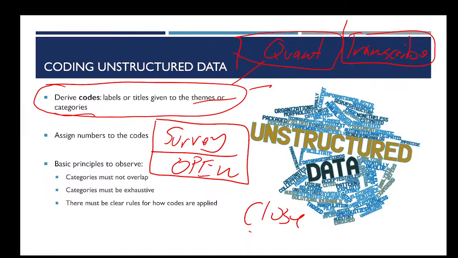But let's say someone says, I think Mark Carney is really qualified, a ton of experience, very handsome. You write that down, and then you split each of those things into categories based on theme: competence, has held many jobs, good looking. Each of those is a numerical code, and you sort those statements into those categories.